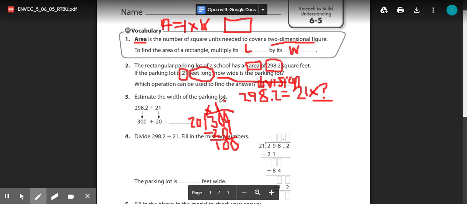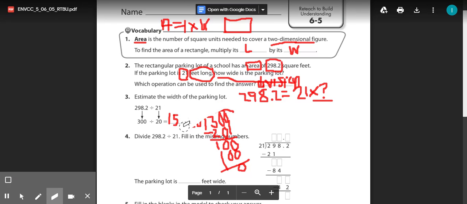How many times? 5 times 20 is 100 even, and we are left with 0 here. So 300 divided by 20 is 15. Okay, I'm going to erase that work so we can work on the next step of the problem.